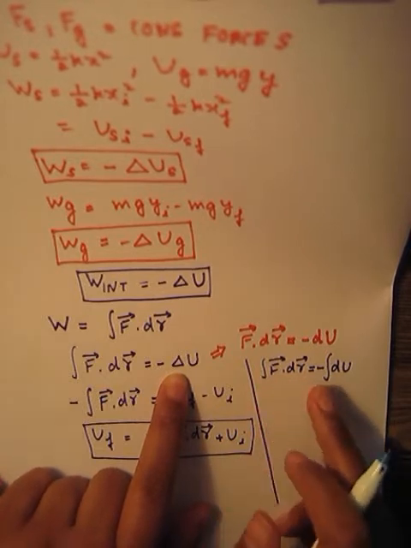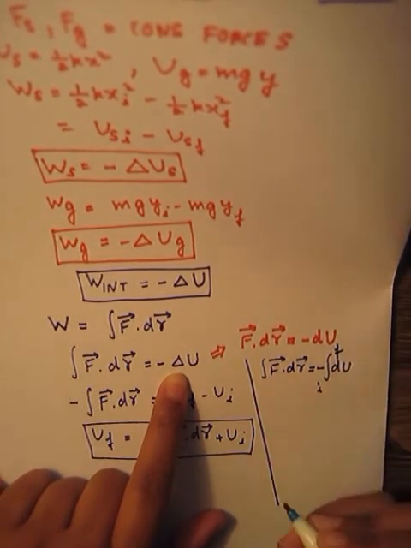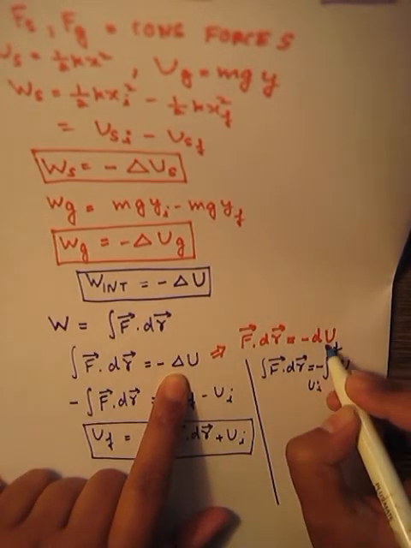We're just taking the integral on both sides, and this integral will be from the initial value to the final value, because it is on U, so we can write U_i to U_f.